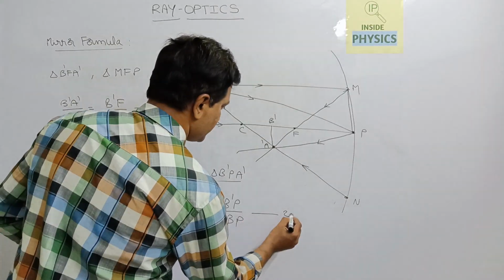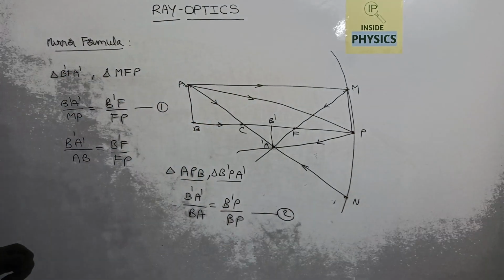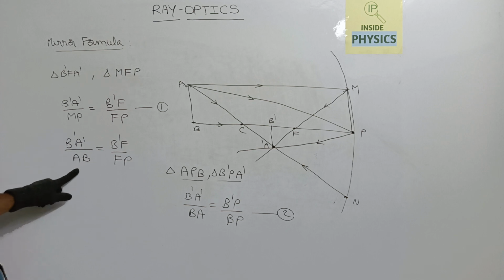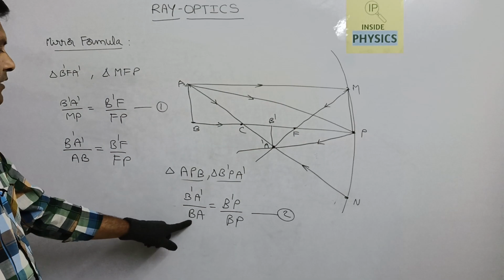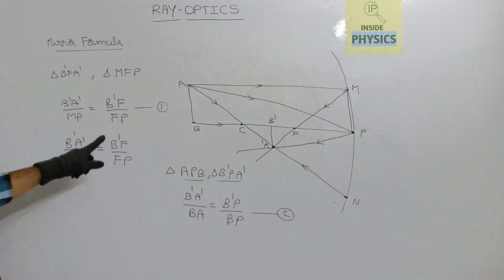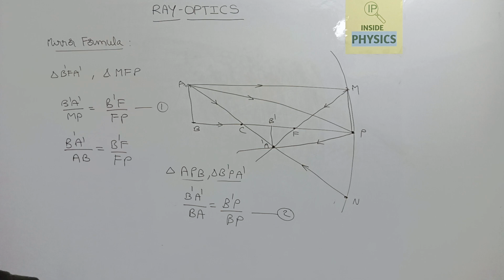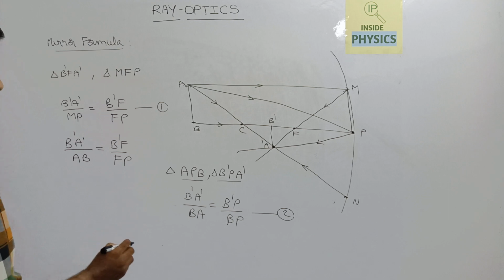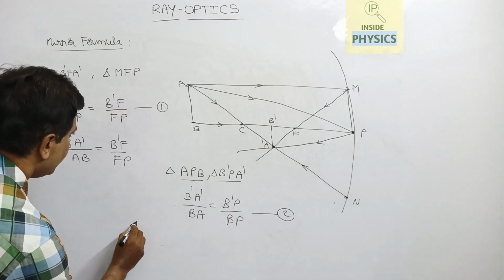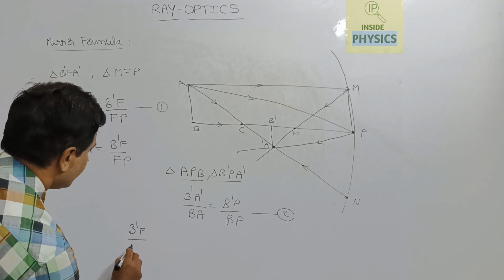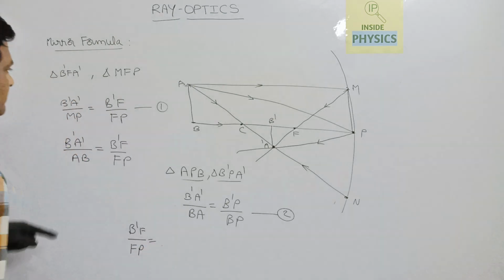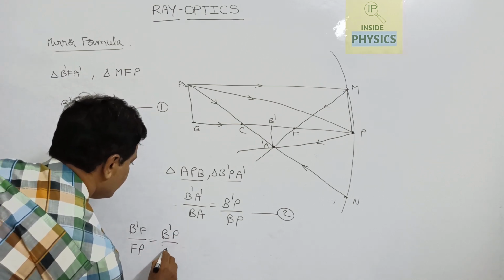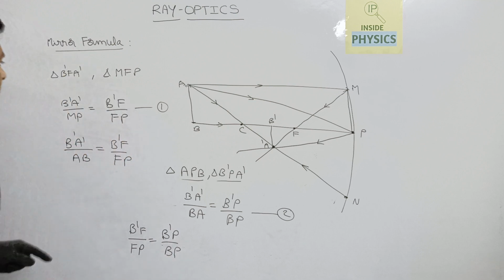If you take this as equation 2, observe this one: B dash A dash by AB, or BA, whatever you write, is equal to B dash F by FP. So with these two equations we can write B dash F by FP is equal to B dash P by BP, right?